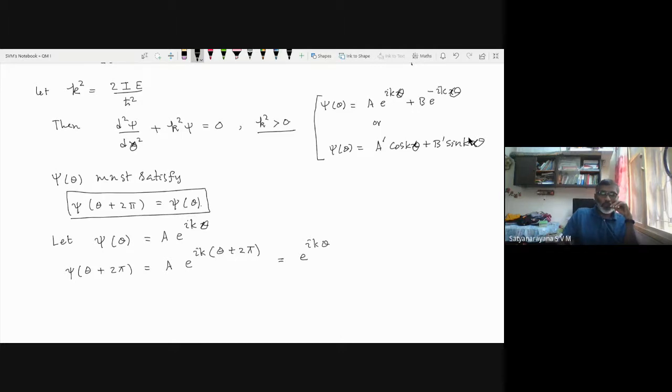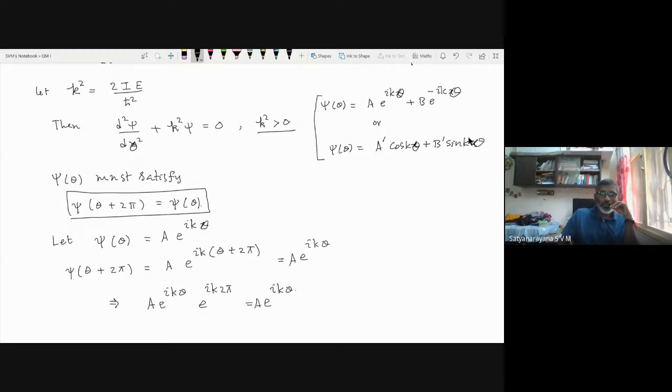Now this can be written as a e to the power ik theta multiplied by e power ik 2 pi is equal to a e to the power ik theta.